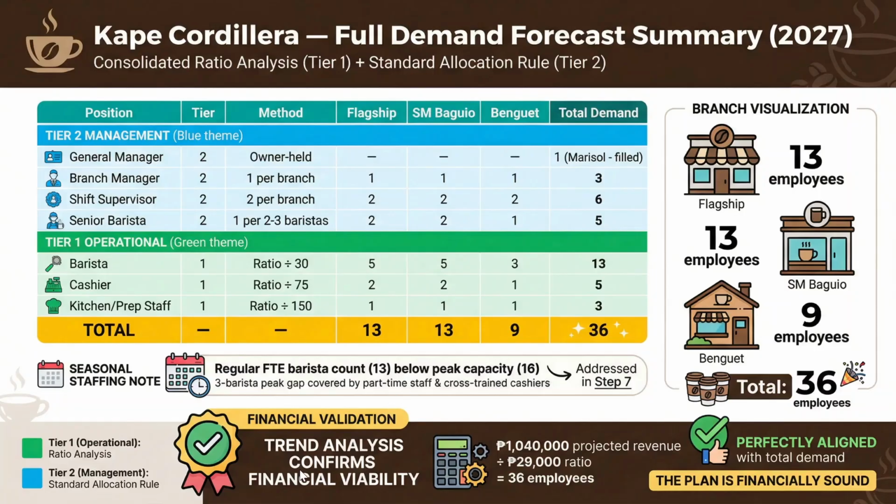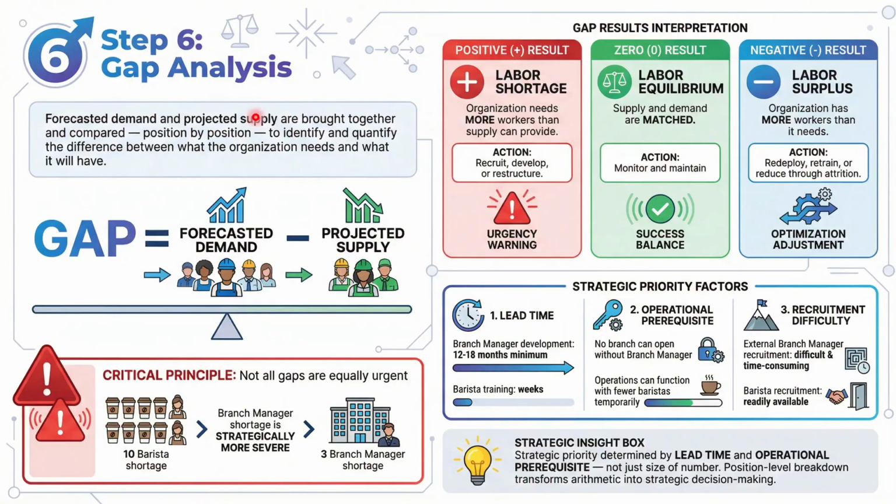And then we will now match our forecast supply and the demand sa ating step 6 sa gap analysis. So, natapos na natin. We forecasted the demand. We projected internal supply. Now, we compare them side by side, position by position, and ask the critical question, do we have enough people? Meron ba? So, the formula is simple.